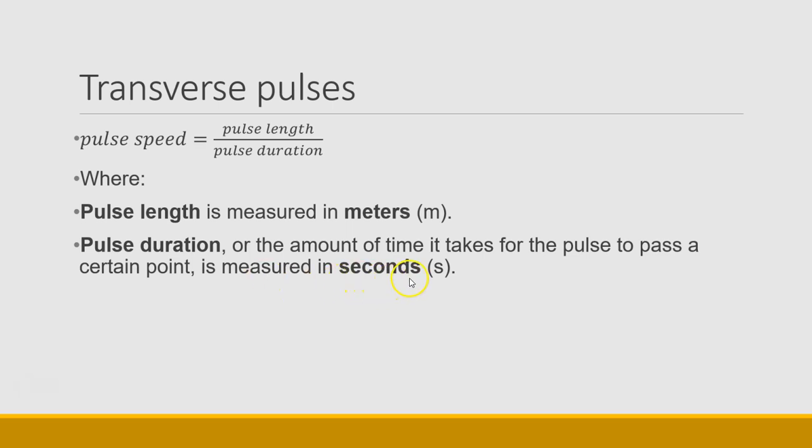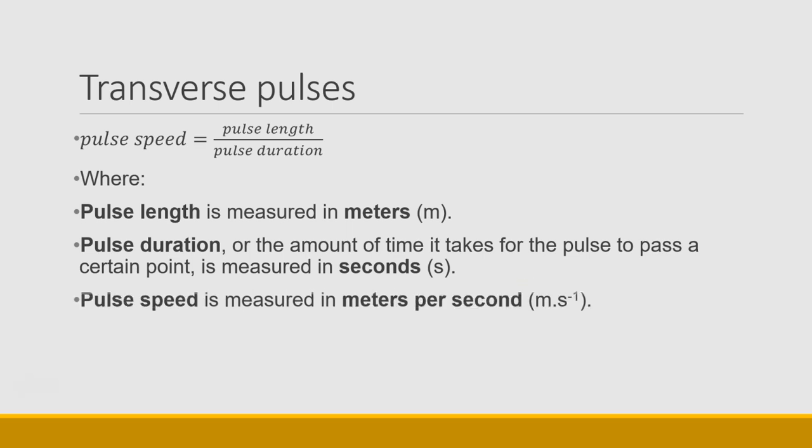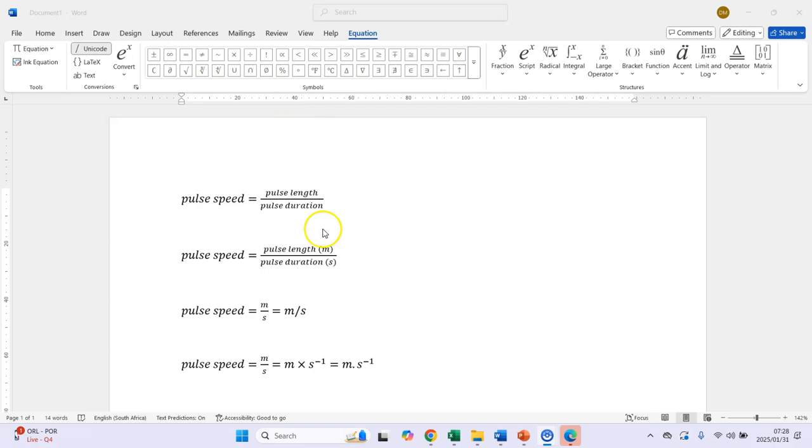So in other words, what was the amount of time it took for the pulse to pass a certain point? And finally, that allows us to calculate the pulse speed, which is measured in meters per second.